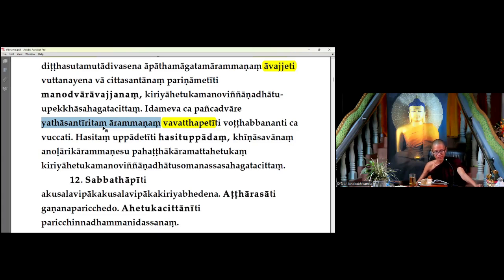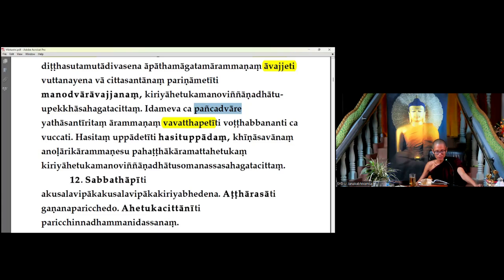In which door? Pancha Dwari, in the five door, not in the mind door. Vutthapana is used in the five door. So this is showing another name of Manodwara Vajana, together with the reason.